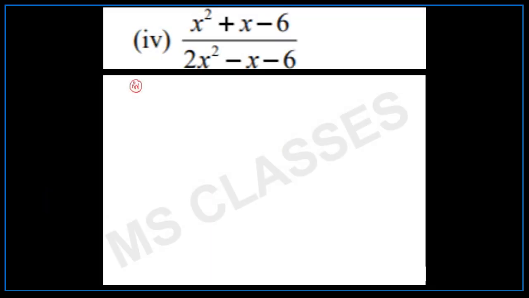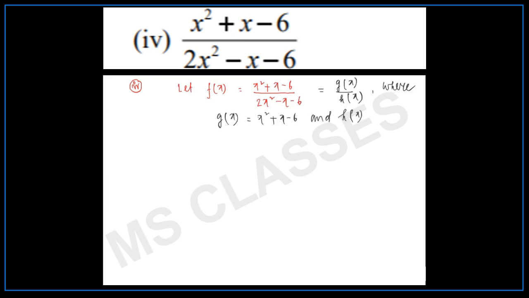And here we start it as that let f(x) equals to x square plus x minus 6 divided by 2x square minus x minus 6. We take this as g(x) by h(x), where g(x) is x square plus x minus 6 and h(x) is 2x square minus x minus 6.